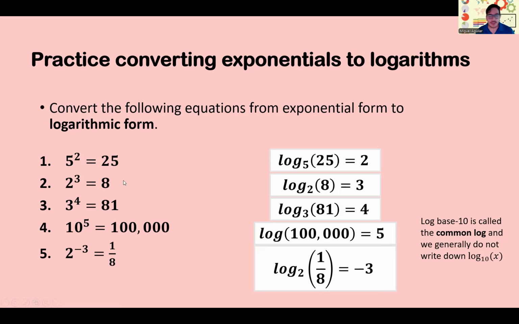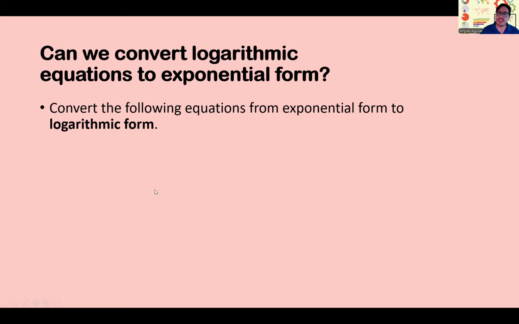So just remember that. Then, like I said a little while ago, we're going to have to convert in the reverse direction. So if I gave you log base 7 of 49 equals 2, how would you convert that back to exponential form? It's going to be 7 squared equals 49. That's exactly right.